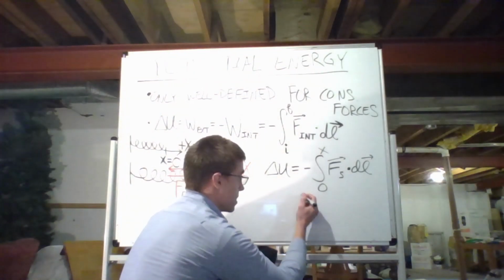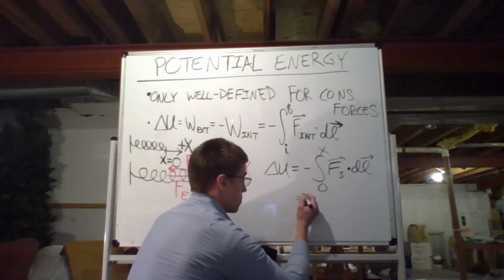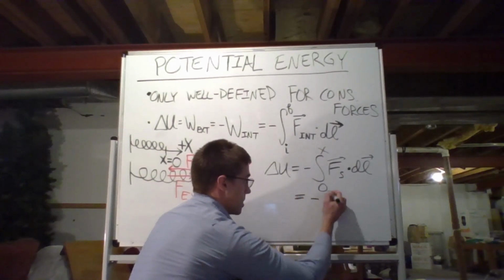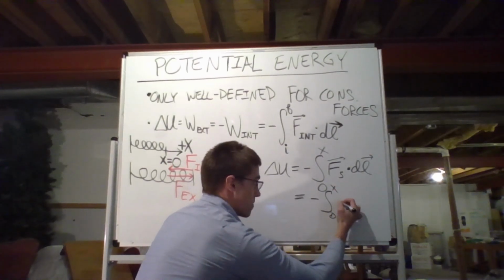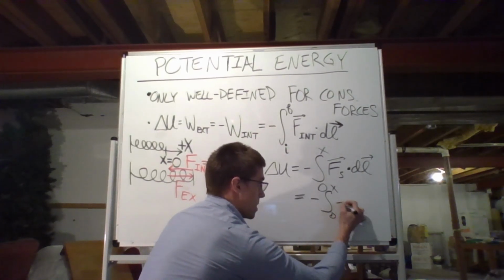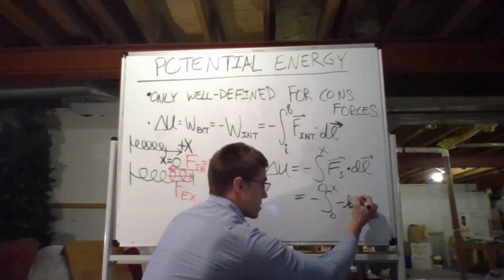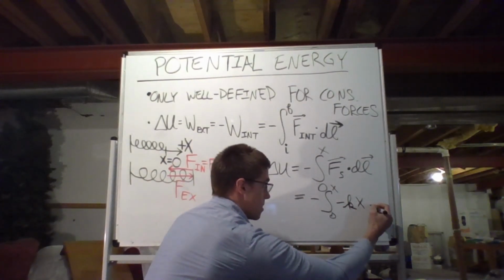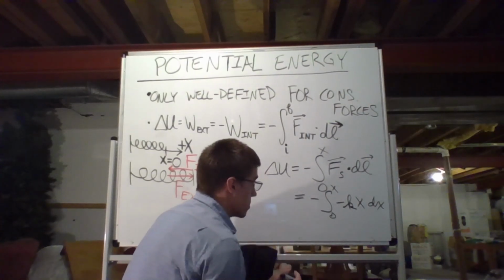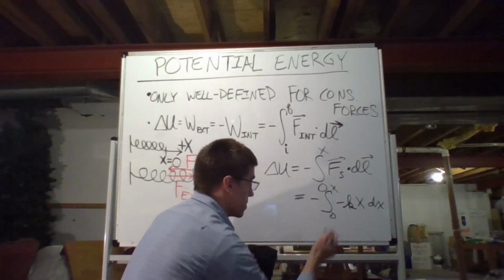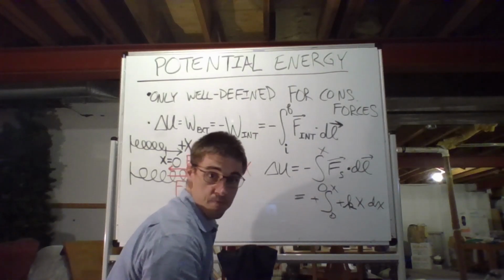So that means this is equal to a minus an integral from 0 to x. The spring force is minus k times x. The dl is going to be along dx, and that means these two cancel each other out.